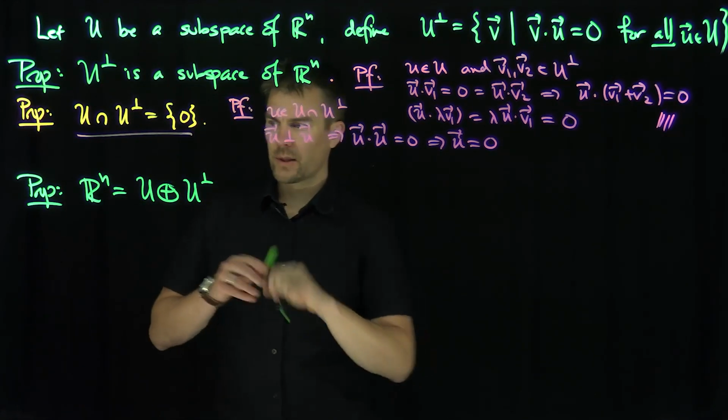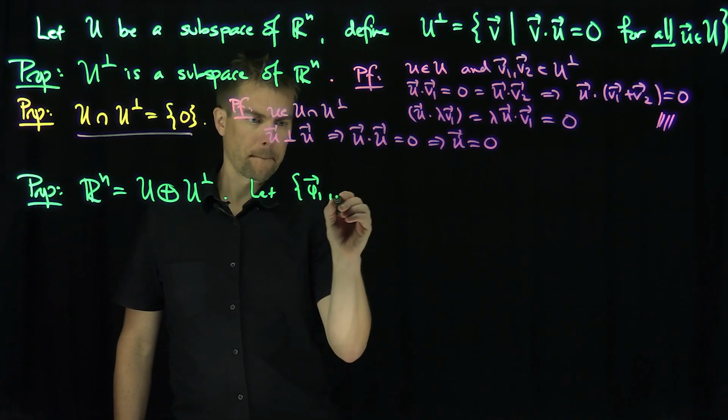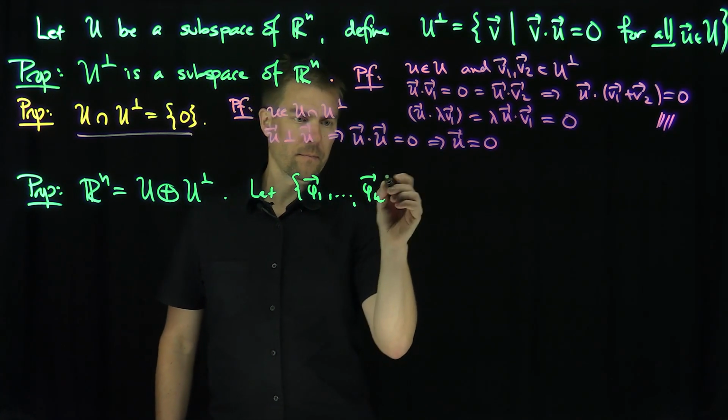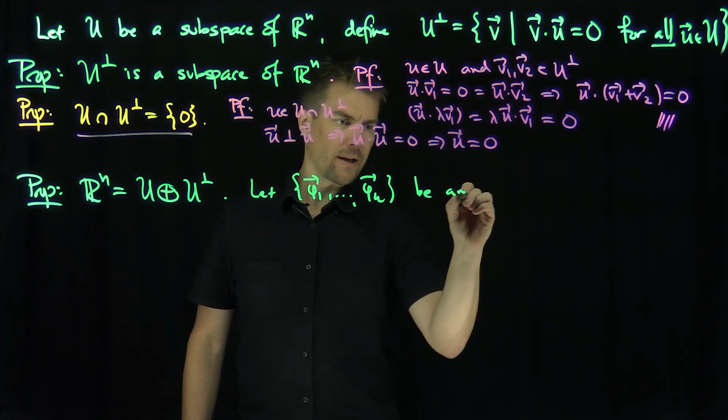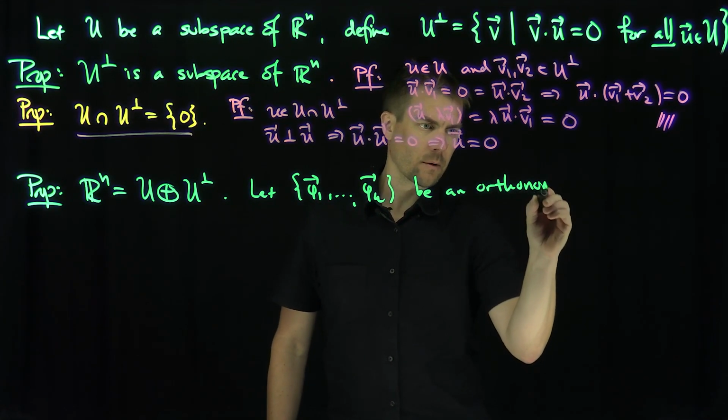And the proof is as follows. We can let phi 1 through phi k be an orthonormal basis of U, which is possible by Gram-Schmidt.